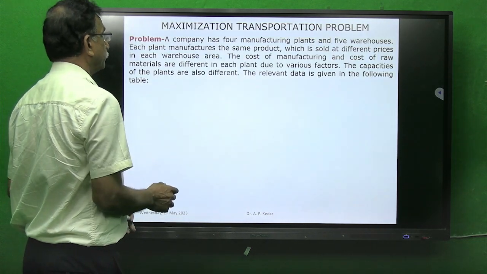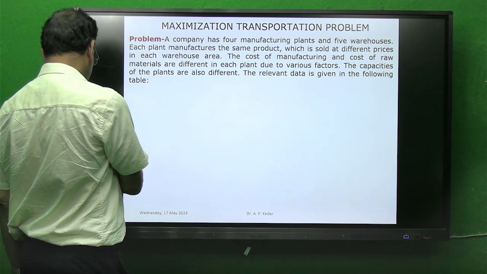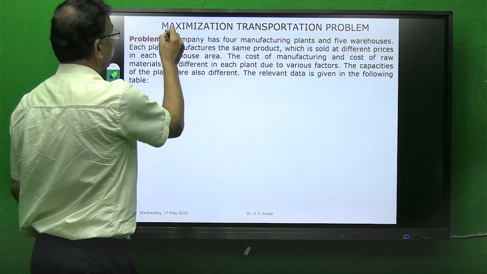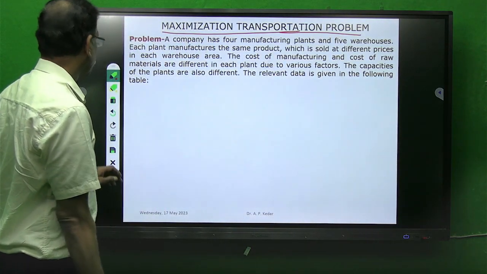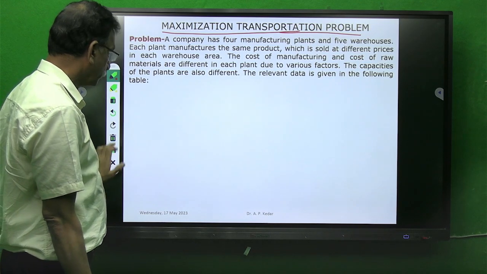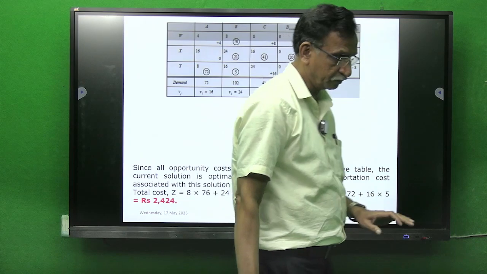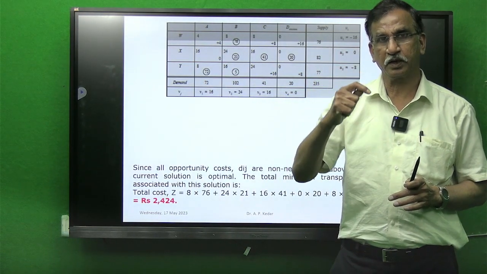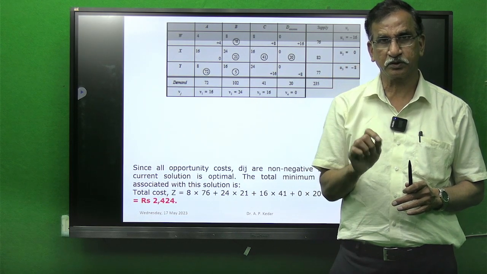These are specialized cases, therefore I am discussing them. If you have a maximization transportation problem, then what do you have to do? You only have to convert that problem into a minimization type of problem and solve it. So what we did today is we optimized our entire problem by the modified distribution method with the objective function of minimization.